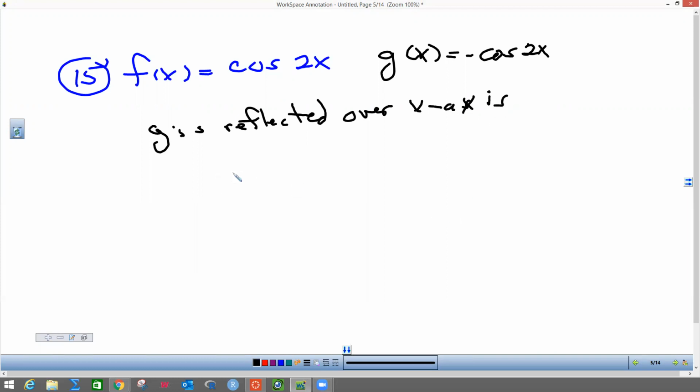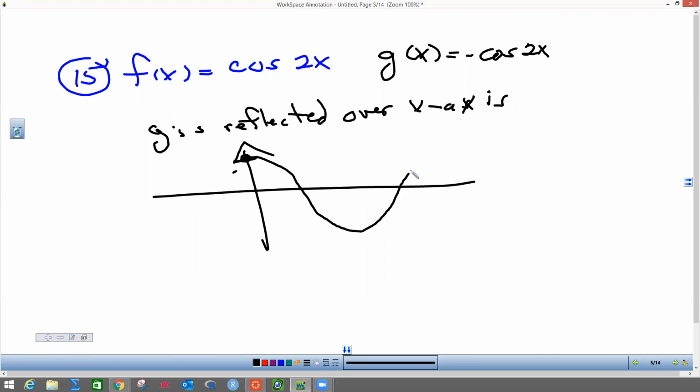Okay, so what that means is, I'm just going to show you real quick, and I'm not going to put any of the tick marks because we're going to mess with that later. So cosine starts at a max, goes to a 0, goes to a min, goes back to a 0, goes back to a max. I'm going to put that in blue because that's that one.